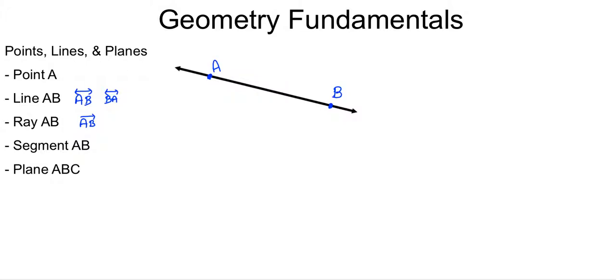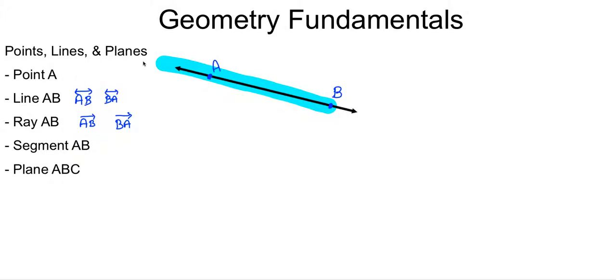So that would be ray AB. Now, ray AB is not necessarily the same thing as ray BA. In fact, ray AB is never the same thing as ray BA. Ray BA would still be written as BA with an arrow to the right over it. Ray BA is going to be the sum of points extending infinitely in the opposite direction, this way here.